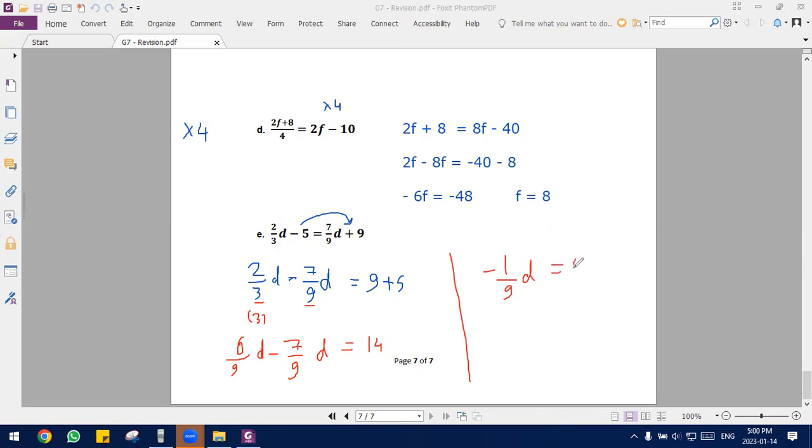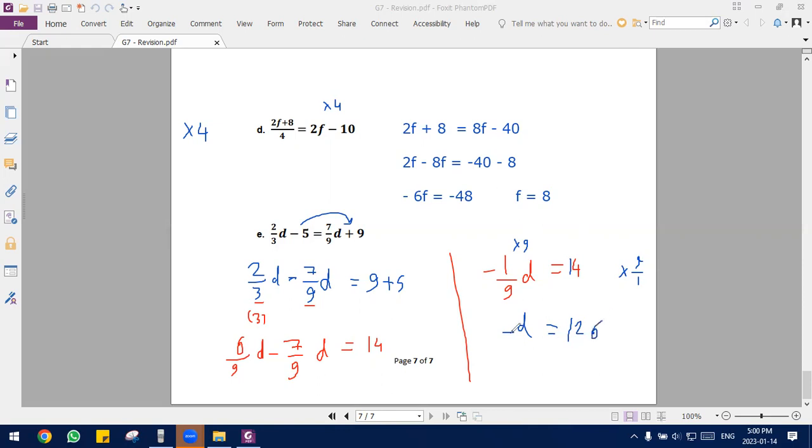equal to 14. Now to remove the fraction, as I said before, multiply by its opposite. So we need to multiply by 9 over 1, which actually means 9. So when I multiply by 9 here, I will have minus d. And on the right hand side, sorry, it's not 4, it's 14. 14 times 9, I will get 126.